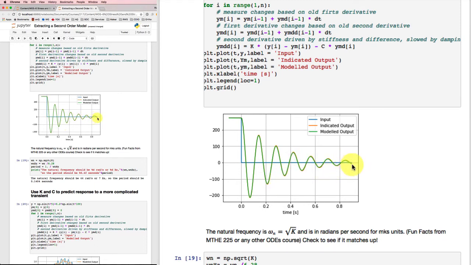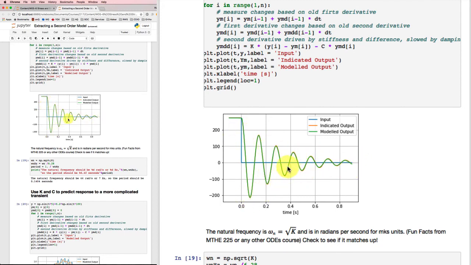And that's the approach that you take in practical application. You would apply a step function to your transducer and watch to see it oscillate like that. Then you would tune your model to make sure it matched up in all important respects. Get the frequency about right, get the decay about right.